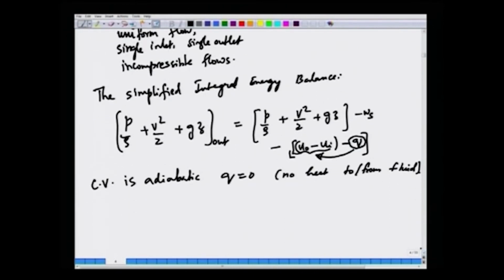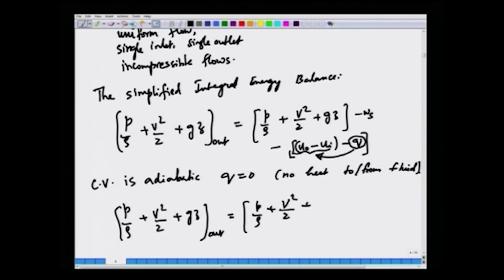So, you get P by rho plus half V squared plus G Z at outlet is P by rho plus half V squared plus G Z at inlet minus W S minus U out minus U in.